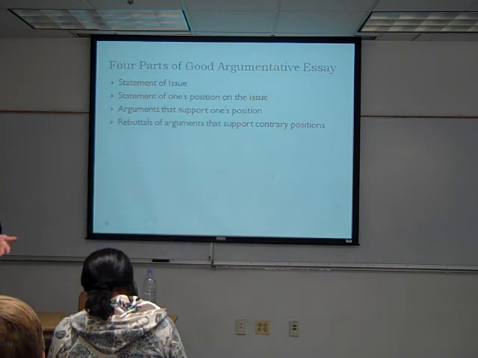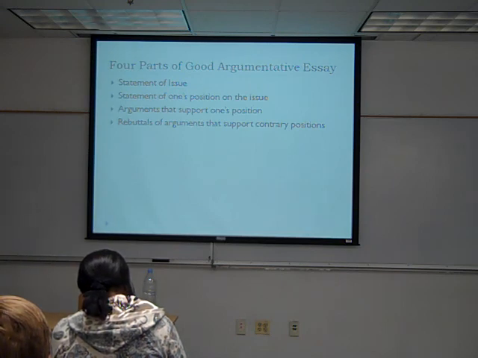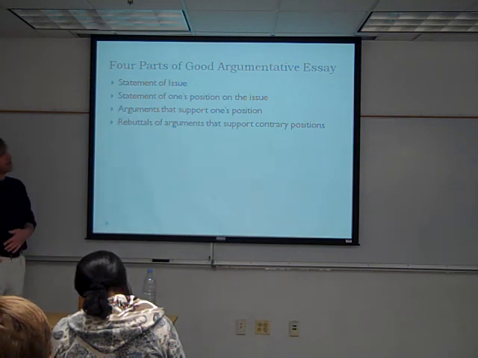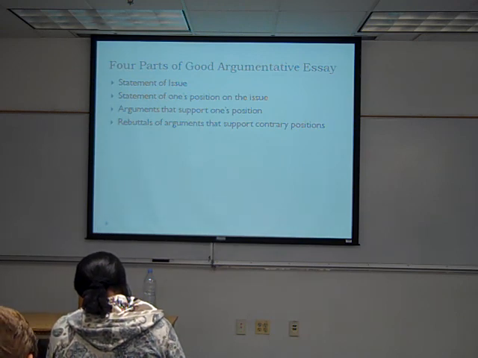So after laying out your argument and what you think is right, in order to have an effective argumentative essay, you really need to consider the opposing views, the opposing arguments, and try to provide some reasons why your position is superior to the others. So, 4 parts of a good argumentative essay. Any questions about these? Pretty simple, pretty straightforward.